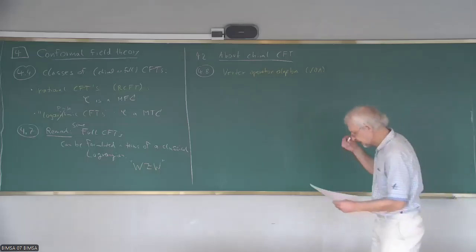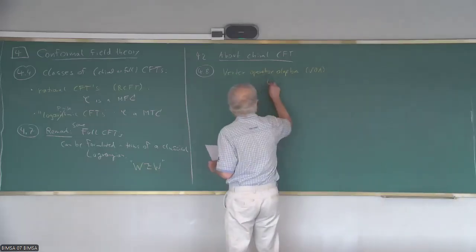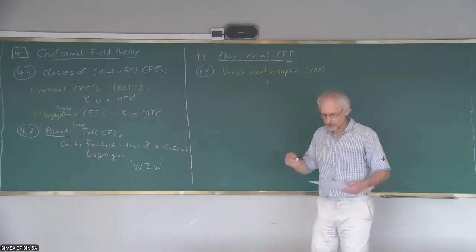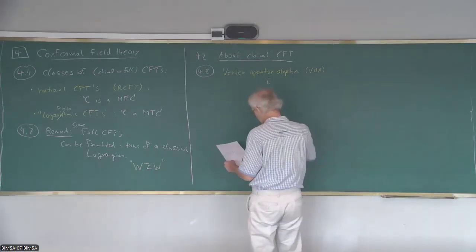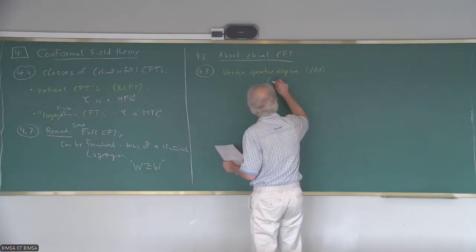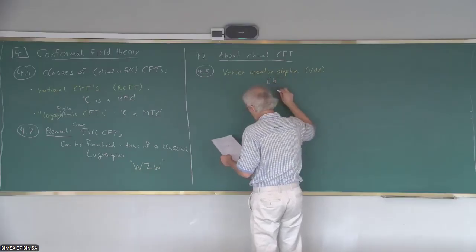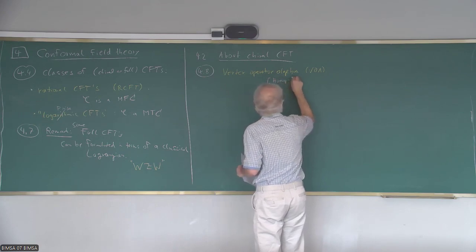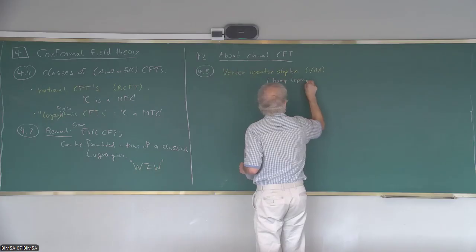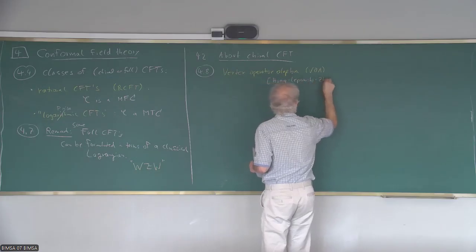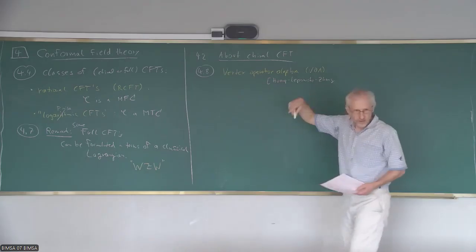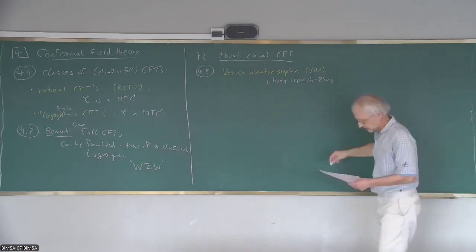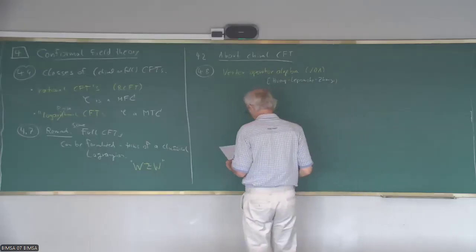So let me give here some references. Partly they are already in the list, partly they will be added. This is first Huang, Lepowsky, Zhang, the one that is in the list or will be in the list, but also other further papers by those.